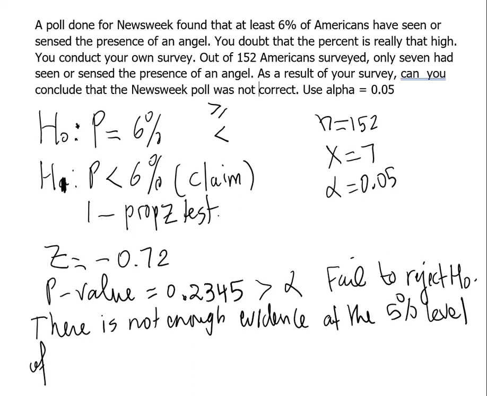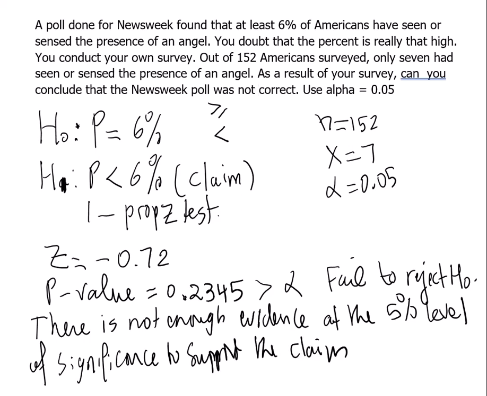There's not enough evidence at the 5% level of significance to support the claim that the proportion of Americans who have seen an angel is less than 6%. All right, so this is the conclusion in the context of the claim.